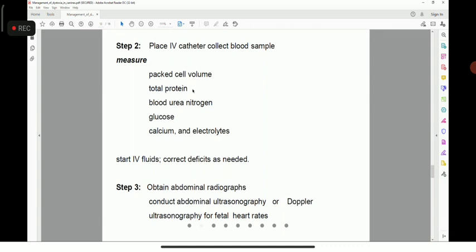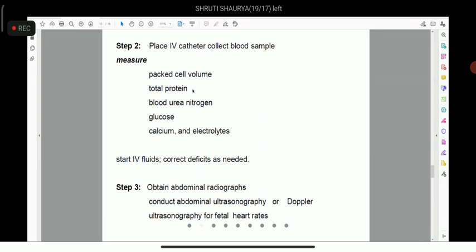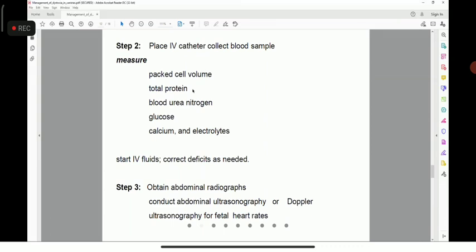The safety of anesthesia depends on so many factors, but one factor is how much anesthesia is cleared by the kidney. So if kidney function is compromised, the clearance of anesthesia will not be proper.